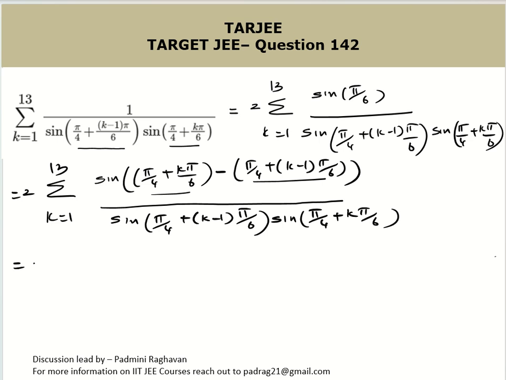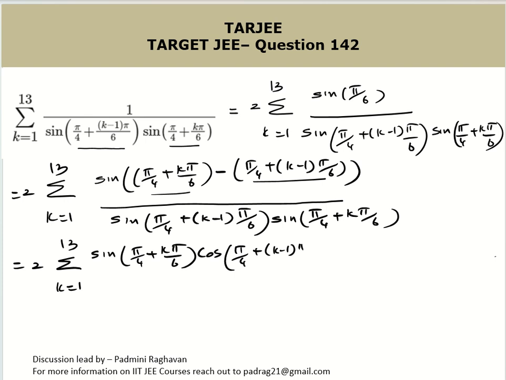Sine of a minus b is equal to sine a cos b minus cos a sine b. So my first term on top is going to be sine a. In the place of a, we have pi by 4 plus k pi by 6, into cos b. Cos b is going to be pi by 4 plus k minus 1 times pi by 6.